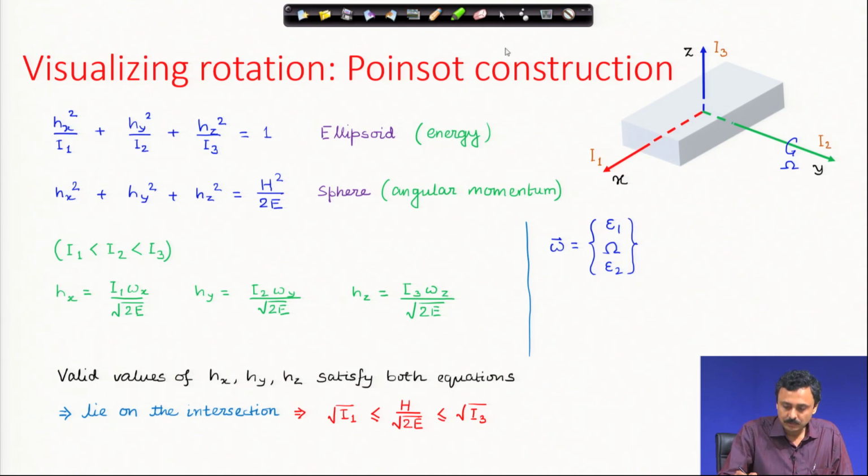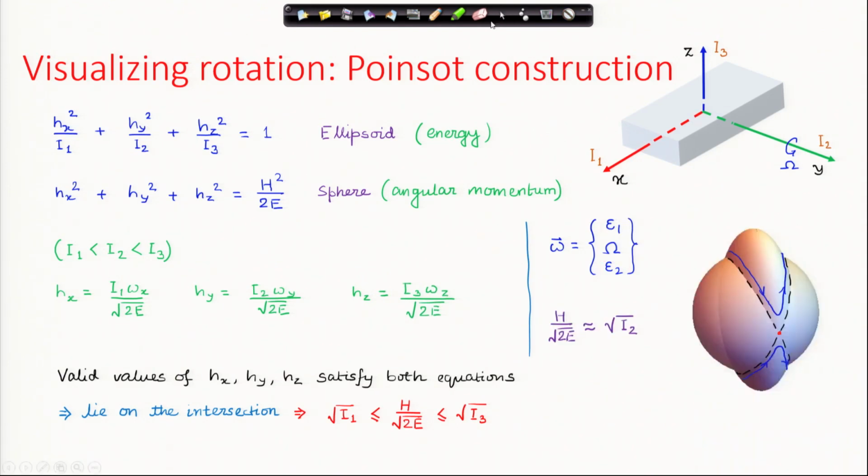If you now draw that energy ellipsoid and the angular momentum sphere and their intersection, this I have drawn for a very special value of the radius of the sphere, which is close to the intermediate semi axis. In that case, the intersection is like this, there are two curves, this is one curve and this is the other curve, they are intersecting at this point.